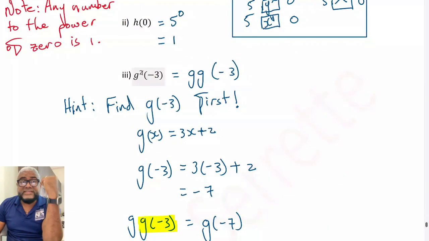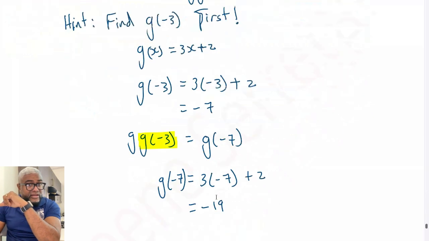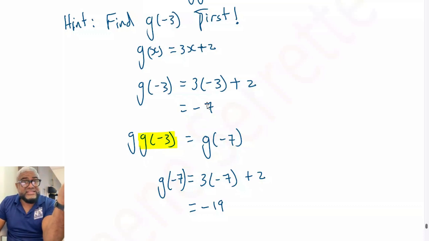The next thing they want us to find is the composite function, which is g of negative 3. So I proceeded to find g of negative 3 first. All I did is put negative 3 in place of x in g, and I worked it out to be negative 7. Now I want to put negative 7 in place of x, using the same function g.